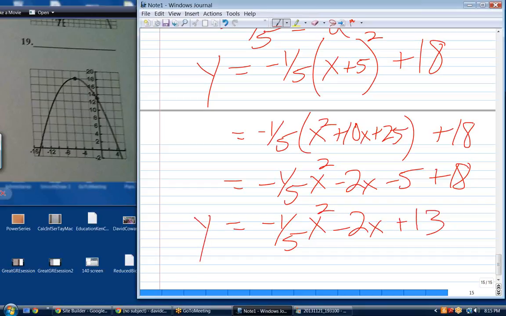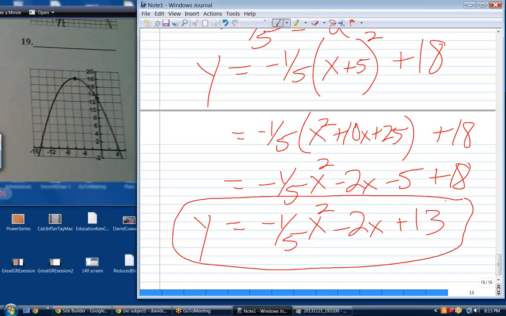Okay, now you can see that if I were to multiply every term by minus 5, I would get rid of the fraction, but it's a different function. Because I would automatically turn it from facing down to facing up. That can't be right. So standard format has to be this. I cannot multiply that by 5 or minus 5. It's a different function. Okay?